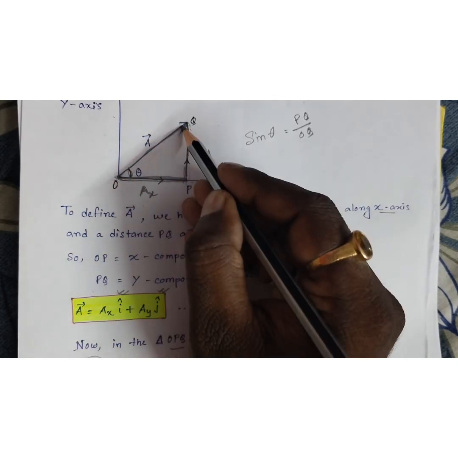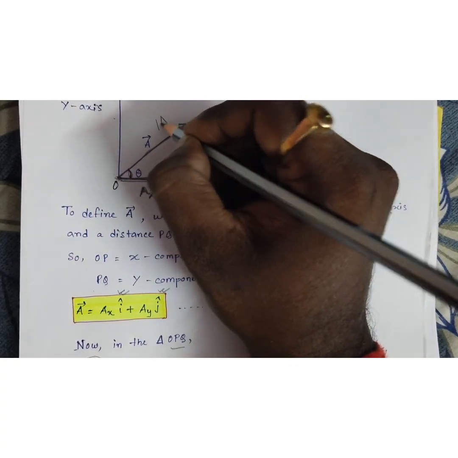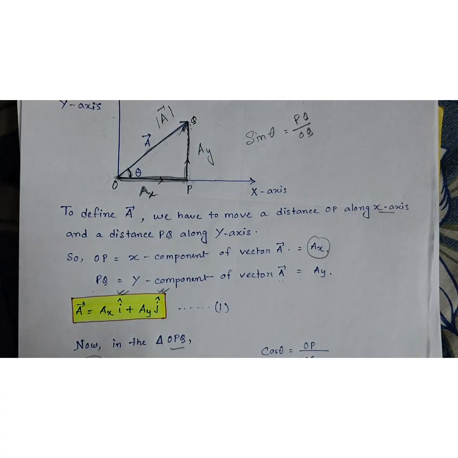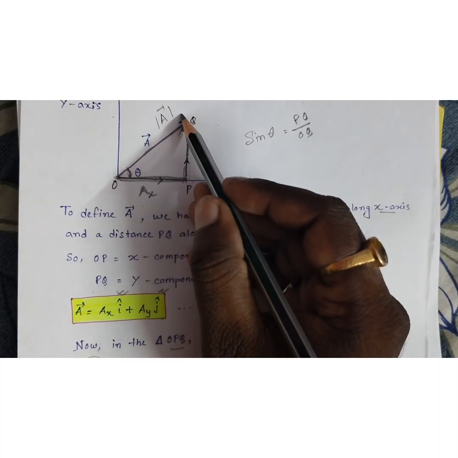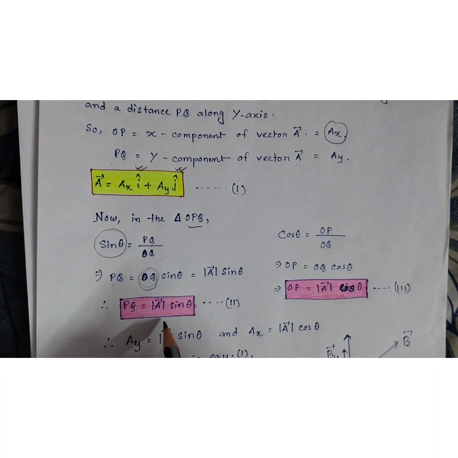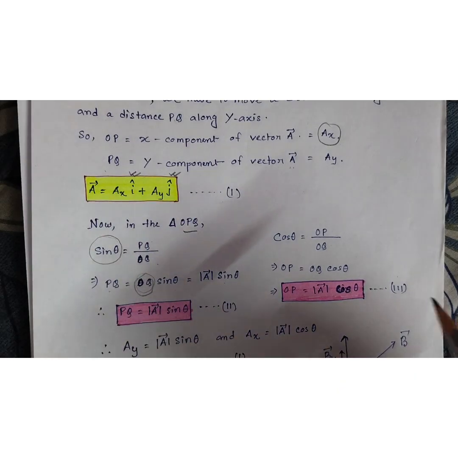The length means the magnitude of A. We already have the concept of magnitude. So this OQ is the magnitude of A. OQ is replaced by magnitude of A sine theta, so it is written as equation 2, and this equation is 1.